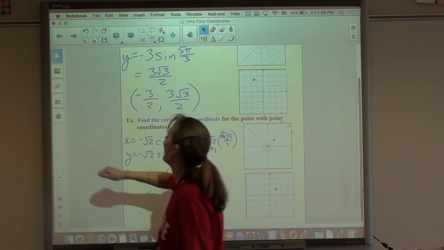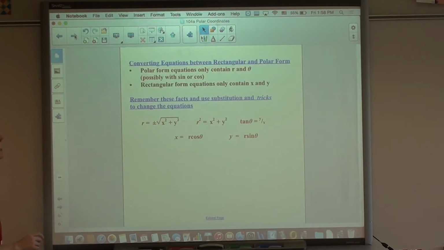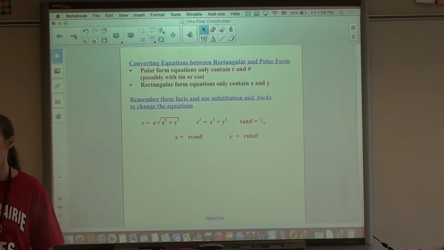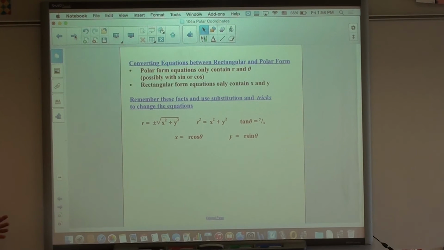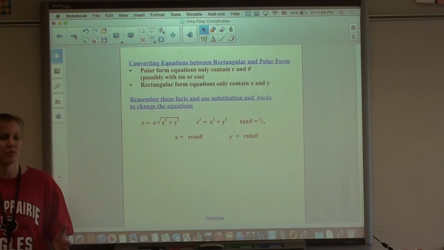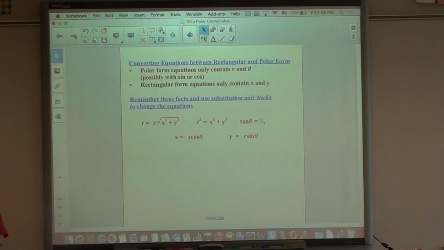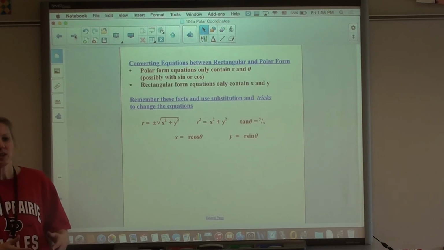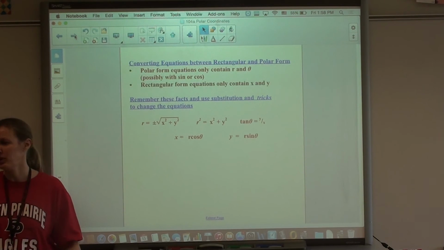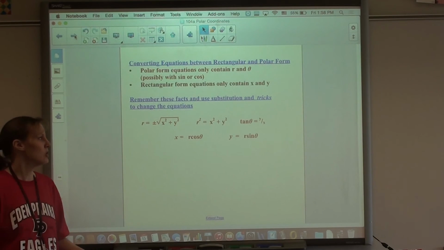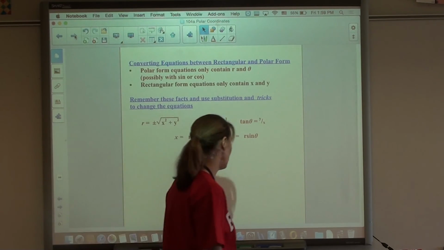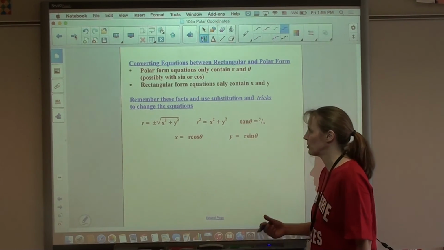All right, moving on. This last section on your note sheet is, to me, the most fun part, and it's probably the biggest portion of your homework tonight. What you'll have to do a lot in your homework is convert equations between rectangular and polar. So not just points, but full equations, right? We have this little arsenal of all the formulas that we've learned so far.